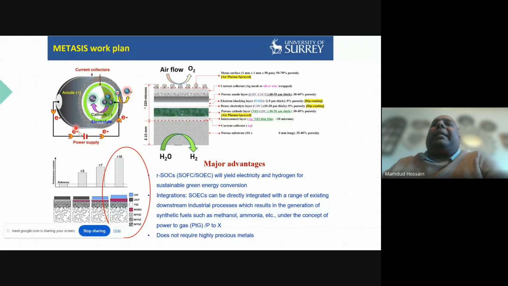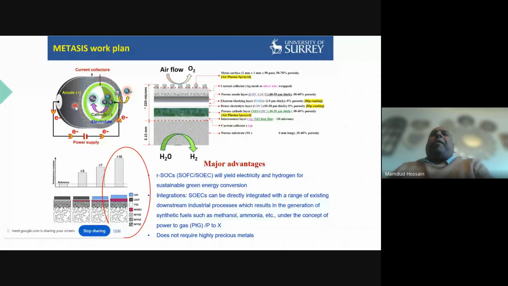So in this structure, we are splitting water into hydrogen and oxygen, with oxygen in the form of ion. That ion flows through electrolyte into the anode section. This is the whole system.